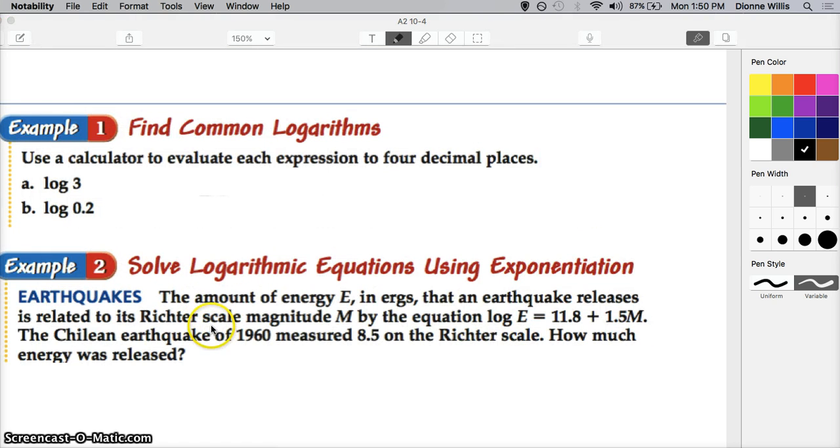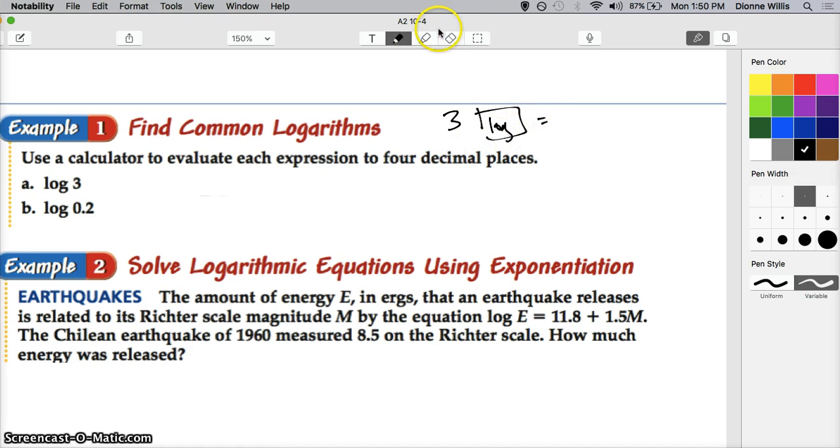Okay, so this first example is really asking, can you use a calculator in some way? Can you use a calculator to evaluate the expression to 4 decimal places? Your job is literally to plug in log of 3 and log of 0.2. Some calculators work a little bit differently. You might have to put 3 in and then push the log button to get your answer. Please play with it.